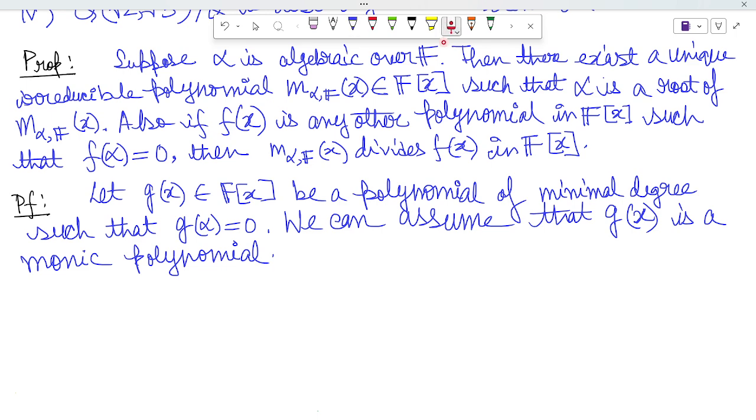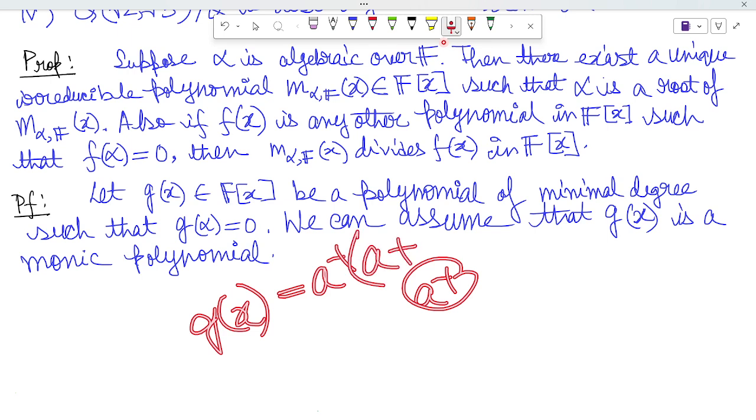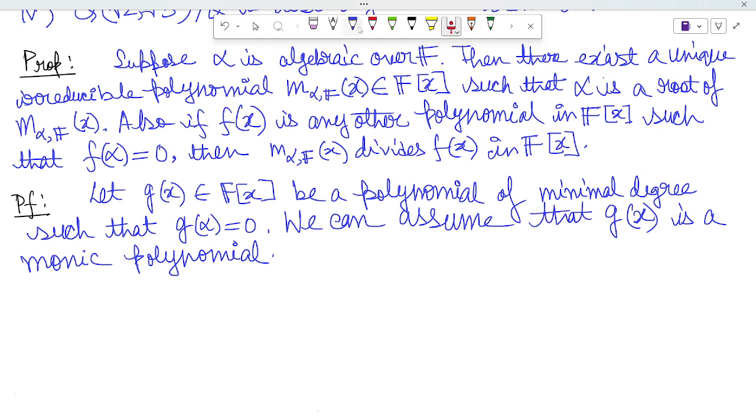Let g(x) be ax plus b. Then we can multiply g by the inverse of a, so g(x) becomes x plus a inverse b, if I take a common.